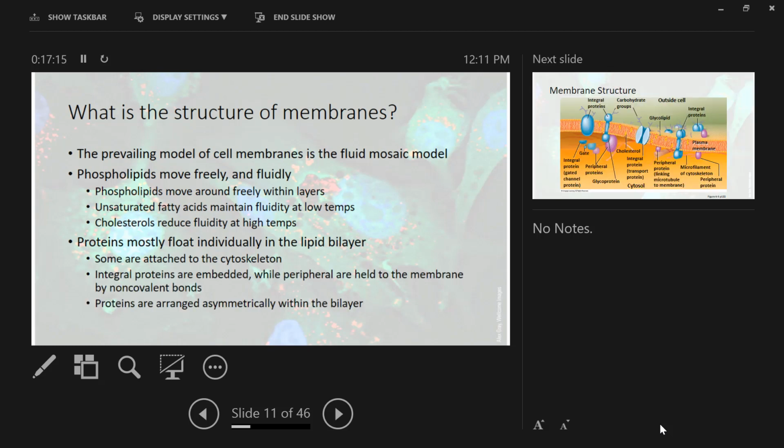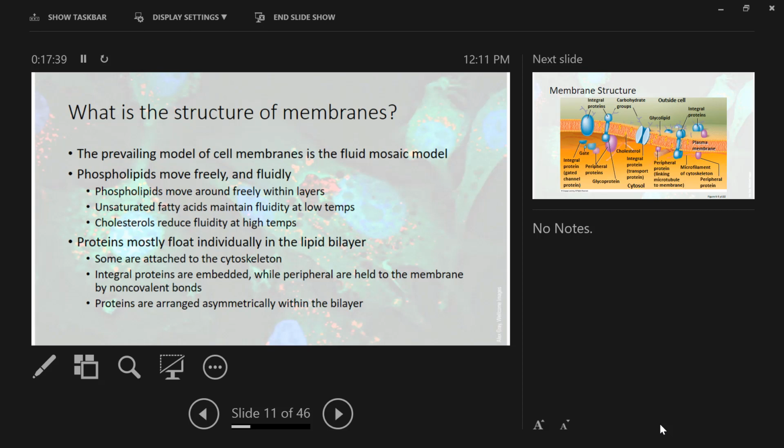Now, integral proteins, they're embedded in this membrane. So a lot of times they're just as fluid as the phospholipids. But the peripheral proteins, they're attached to the outside of the membrane, usually through hydrogen bonds or even van der Waals forces, even weaker bonds.